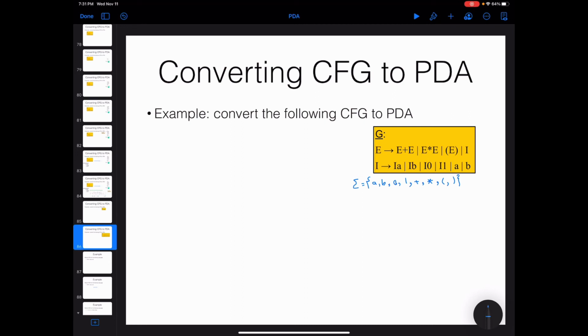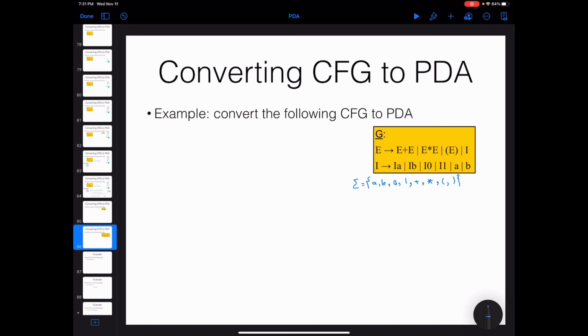Okay, all of these are going to be the terminal tokens in the grammar, right? So all of them are going to be valid input tokens.